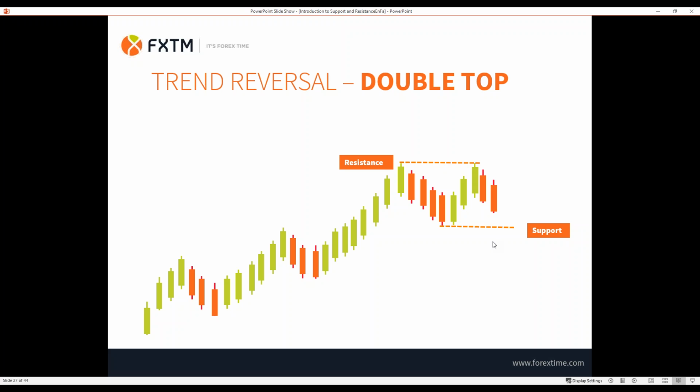Because in trading the financial markets, nothing is 100%. So now prices find a resistance here. They cannot break through. And not only can they not break through above the resistance, prices move lower and break through the last support.